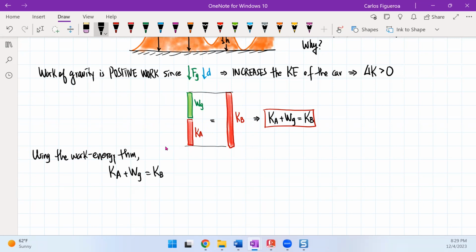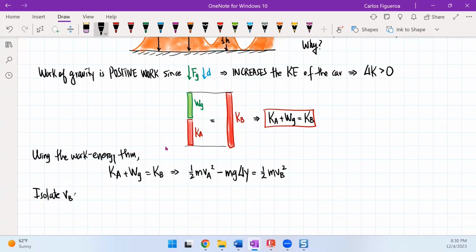So when I'm looking at this, this tells me that 1/2 m VA squared minus mg delta y has to equal 1/2 m VB squared. So what I need to do is isolate VB to determine the speed at B.